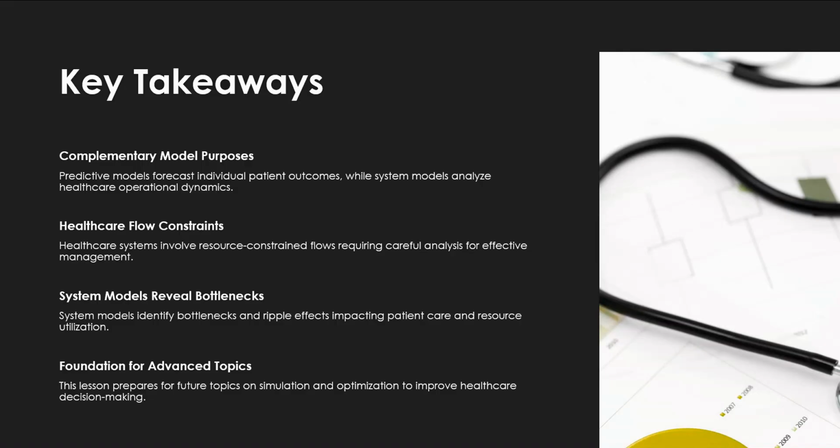Healthcare tends to have these sorts of flow constraints that can impact different parts of the system, even though it might not be that part that is impacted that caused the issue. System models help to reveal the bottlenecks within the system, and this is pretty foundational for moving on to the next type of problem solving, simulation and optimization. So that's what I have to share on the topic. Thanks for sticking with me.